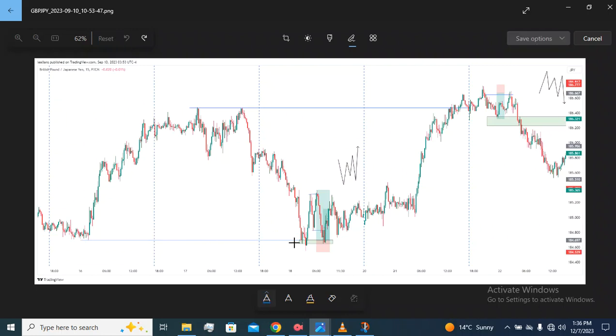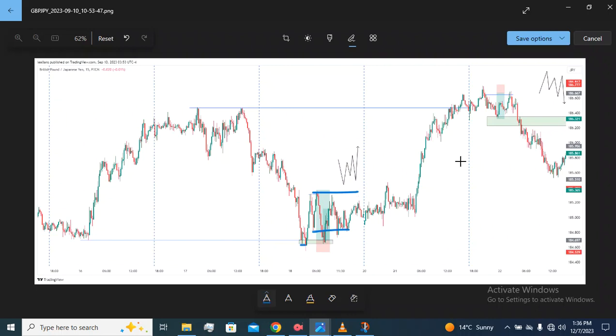Sweep of liquidity, we manipulate first this guy here. Then from there, that's when we start anticipating for a sell. We find the first break of structure, then its lower low becomes our entry and we ride to our target. Ta-da!